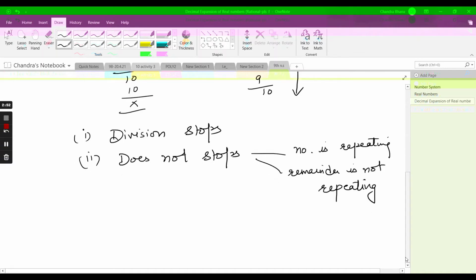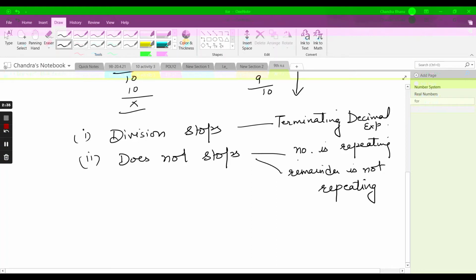Which I can say in a decimal expansion. The first is when my division stops. We call this a terminating decimal expansion.